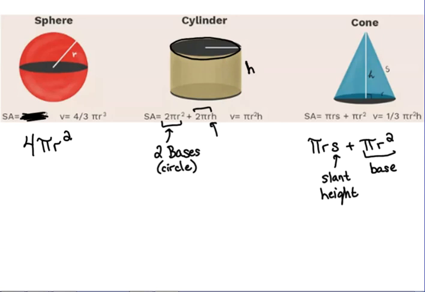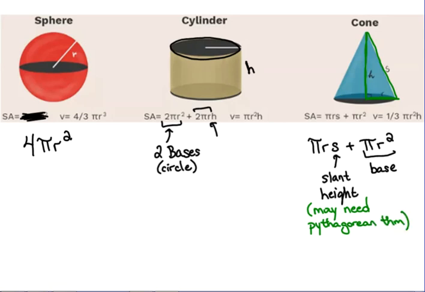I don't know if you can see it well in this picture. This is a right triangle right here, with the radius and the height being the legs, and the slant height is the hypotenuse. So you may need the Pythagorean theorem to figure that out.